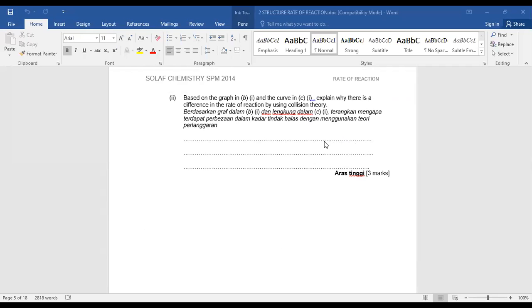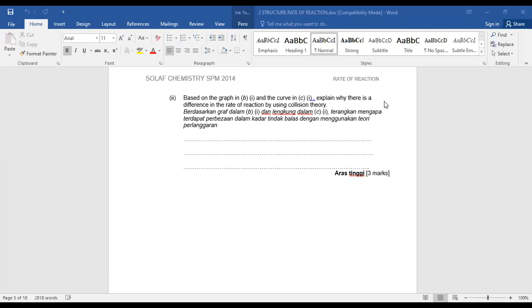Reason? The size of granulated calcium carbonate is larger. The total surface area exposed of the granulated calcium carbonate is smaller.